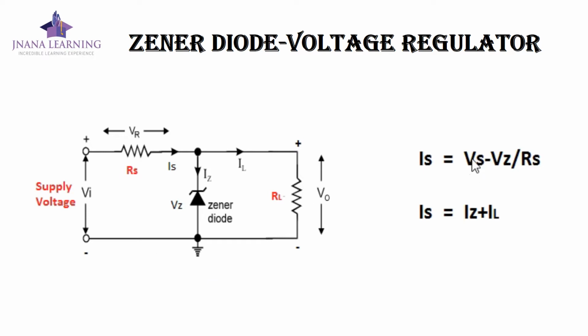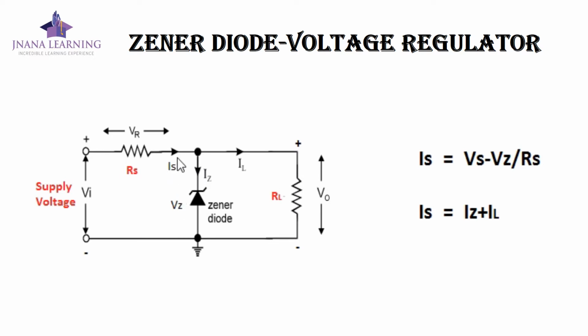Consider this particular voltage, that is the supply voltage or input voltage. Vi means input voltage, we said Vs, that is the same notation for supply voltage. So when the supply voltage or input voltage increases, what happens? The current also increases, that is the current flowing through this increases, and the current flowing through the diode as well as the load resistor also increases. But this particular resistor limits the Zener current to its maximum value.